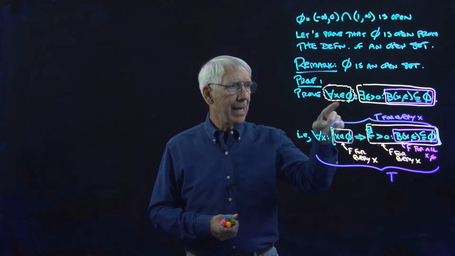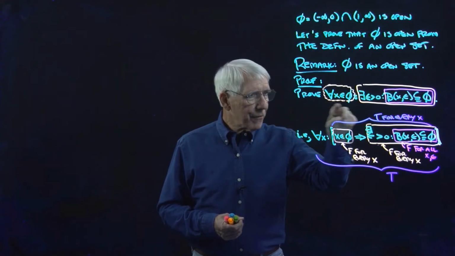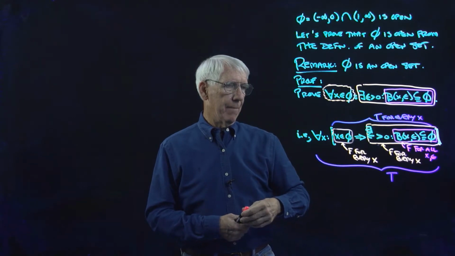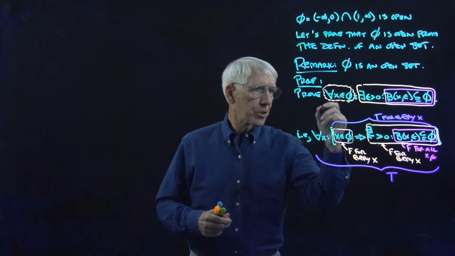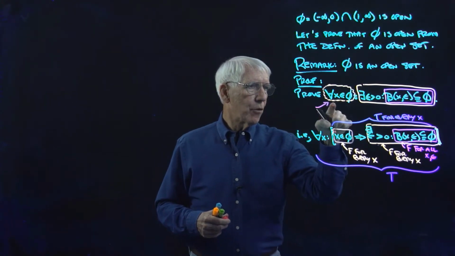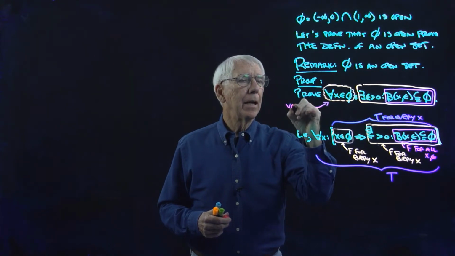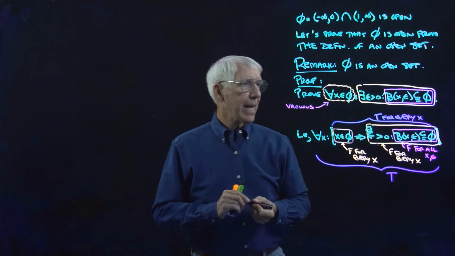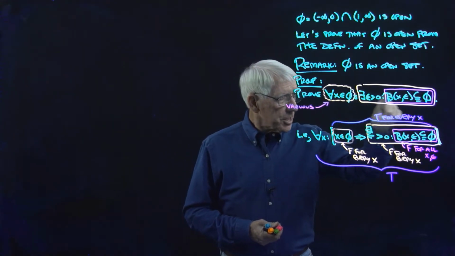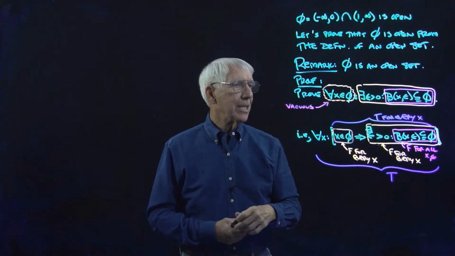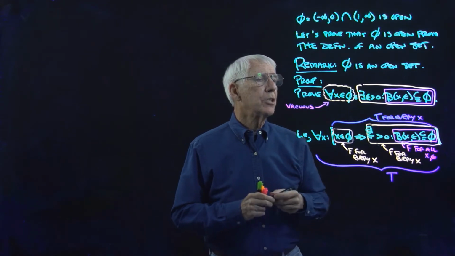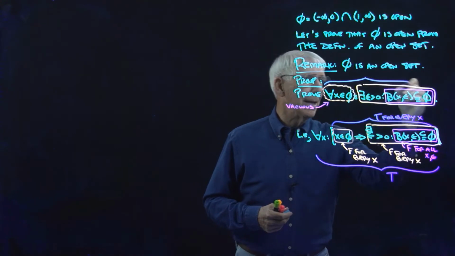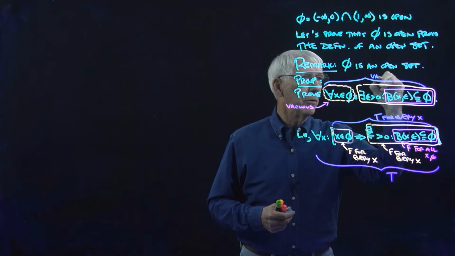But we do say that this quantification is vacuous. So we say that for every x in phi is vacuous. And so we say that the statement here altogether is vacuously true. So let me write that. Let's say things are getting a little out of hand in terms of all this stuff here that we've written.